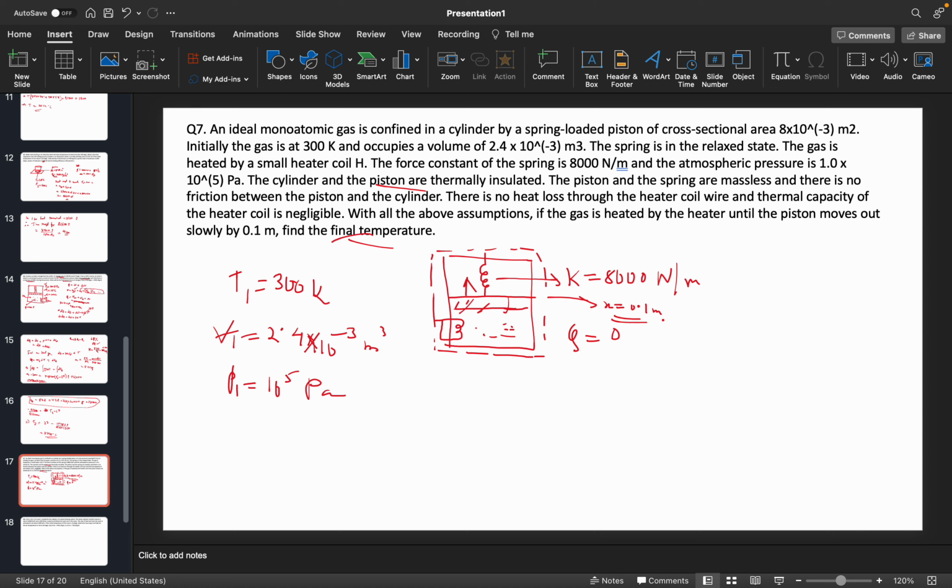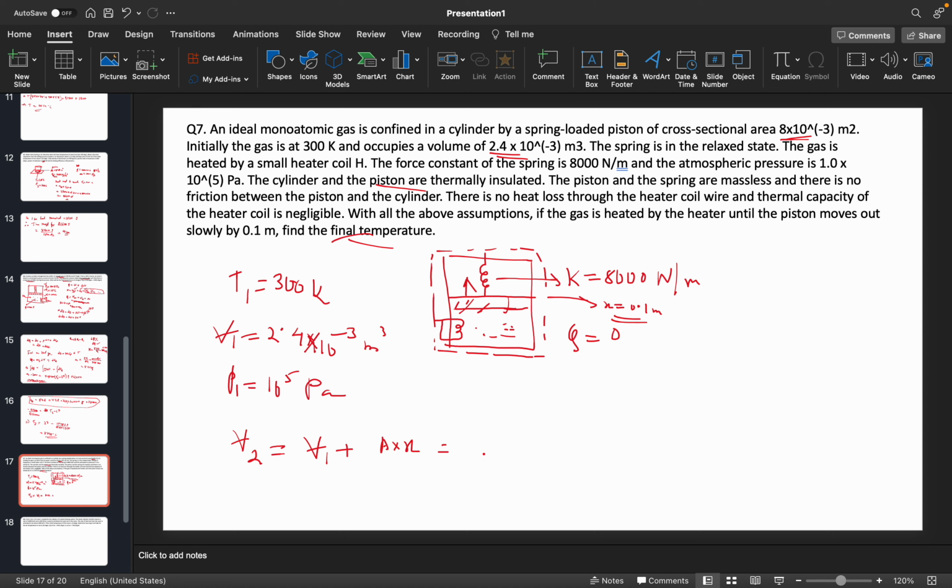So if it is displaced by a distance of 0.1 meter, one thing is clear: we have a base area, it is given to us, and we know the initial volume, so we know the final volume. The final volume will be initial volume plus area into x.